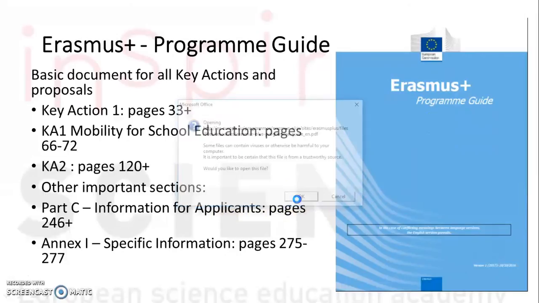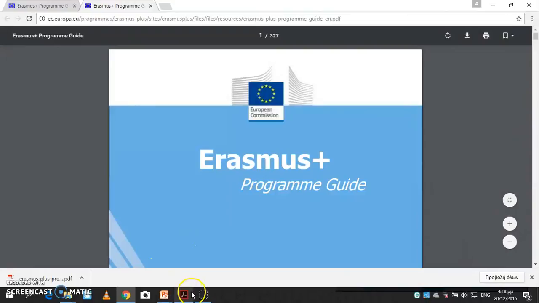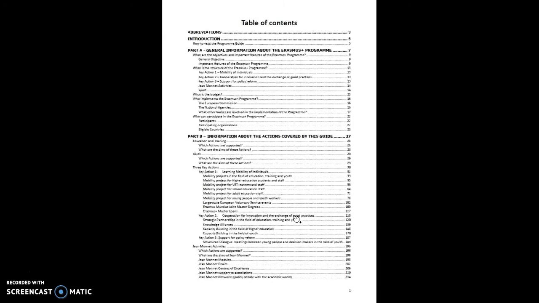Let me briefly open it for you to have a look. You shouldn't get scared. There are about 327 pages. You really don't need to read the whole guide. You can see in the table of contents, there are very specific sections that deal with Key Action 1 and specifically mobility projects in the field of education, training and youth, or in our case for school education staff.